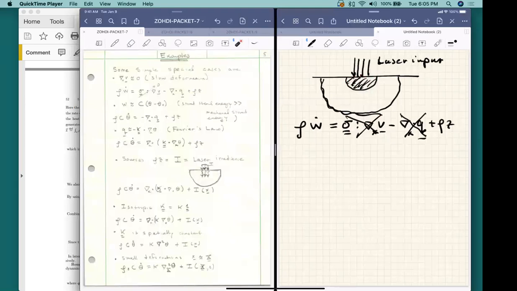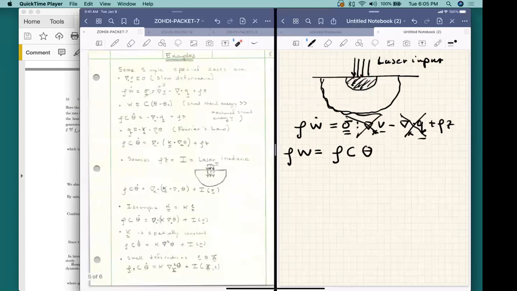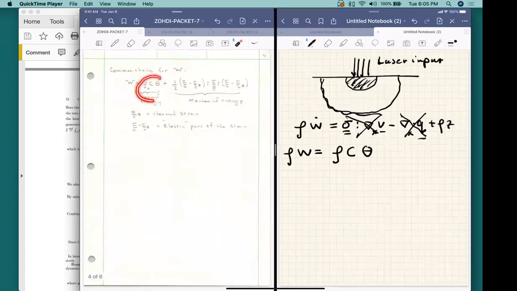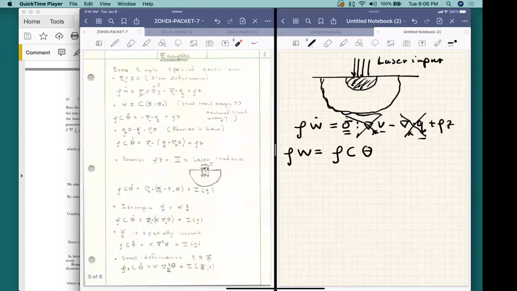Okay. I'm also going to say that the amount of energy that's stored inside of here, rho W, is going to be equal to rho heat capacity times the temperature. Okay. So just as before, it's only the thermal part of the energy. I'm going to assume there's none that is stored mechanically because the stresses are small and are not really squishing the material a lot or pulling it apart.